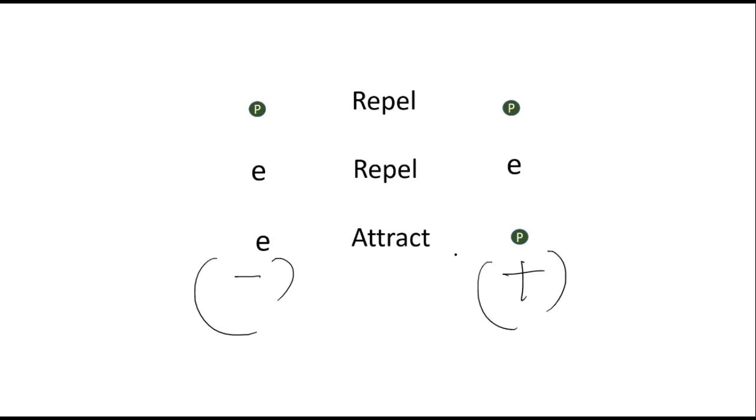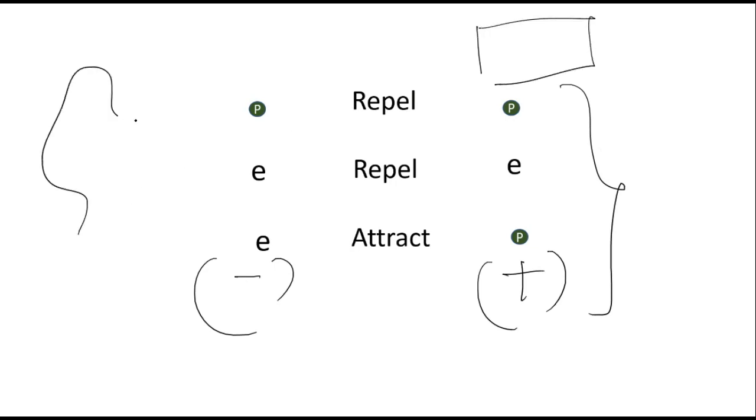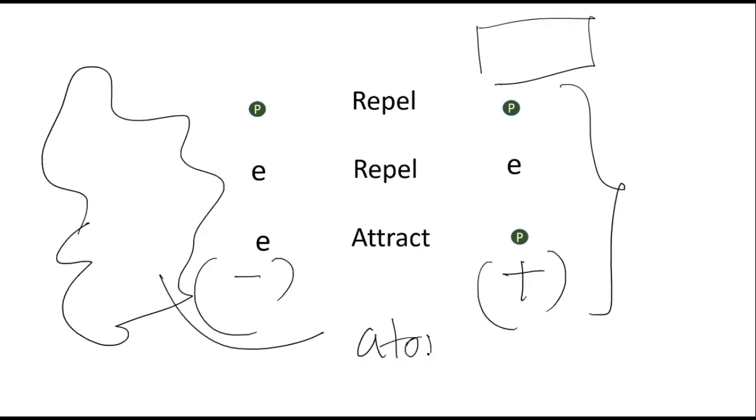So this is today's understanding. We will connect this understanding to future content, that is, matter. Any matter you take, even a cloth. This cloth is made up of atoms. That means this cloth is made up of protons and neutrons and electrons.